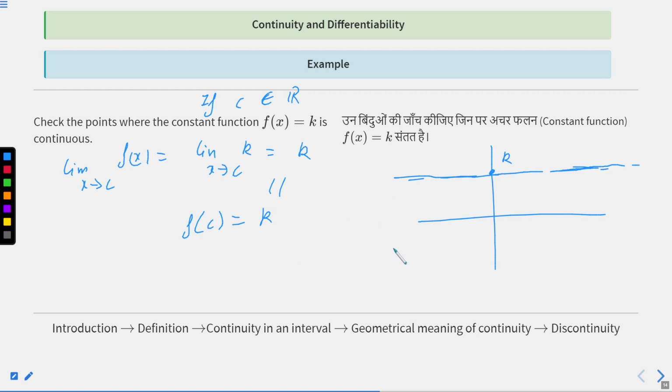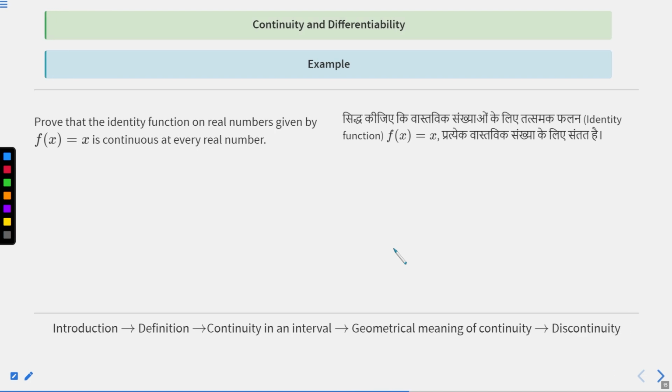Now let us move next. Here we have to prove that the identity function on real numbers, given by this, is continuous at every real number. This means pick c belonging to any real number. c must be in the domain. You always know that c must be in the domain.